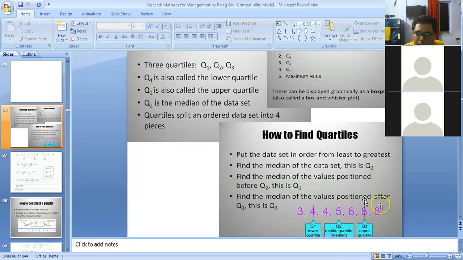You can easily understand that you are dividing it into 4 equal divisions.